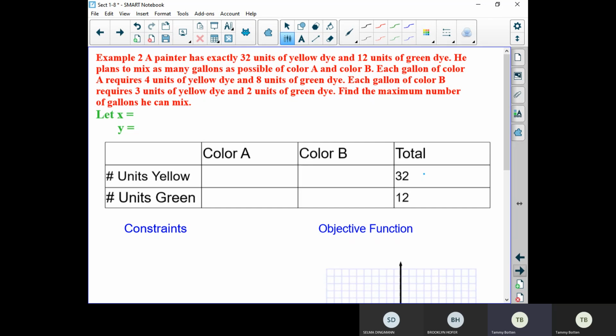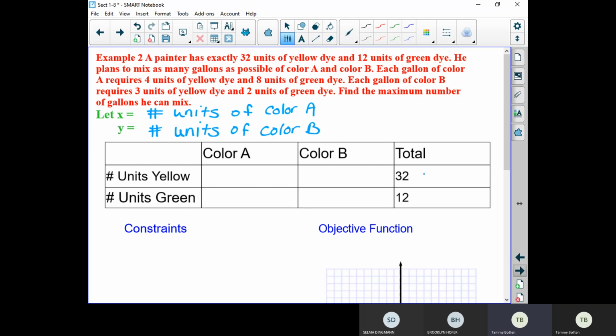He plans to mix as many gallons as possible of color A and color B. So let's let X be the number of units of color A, and let's let Y be the number of units of color B. Then it says each gallon of color A requires 4 units of yellow dye.